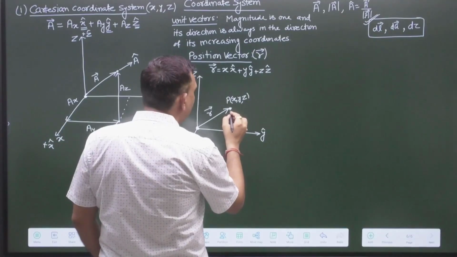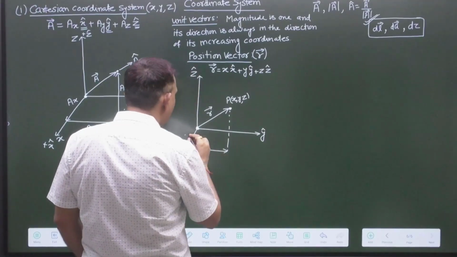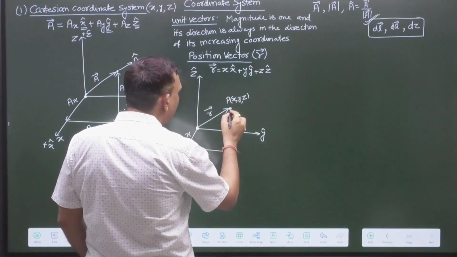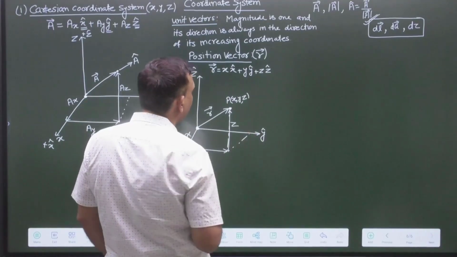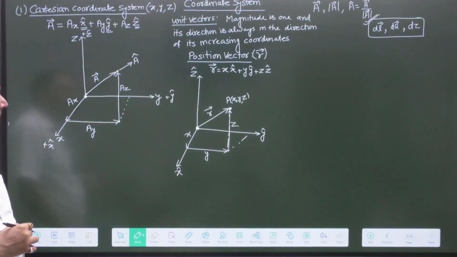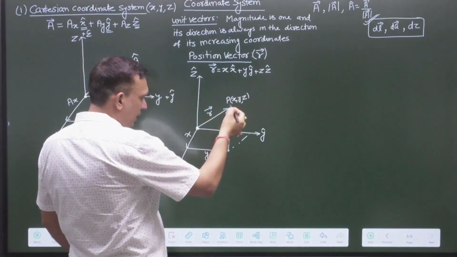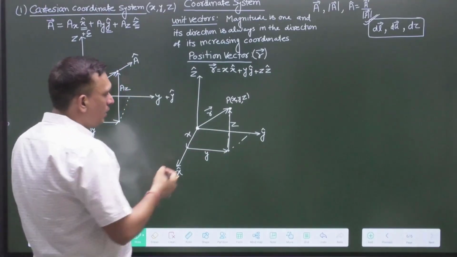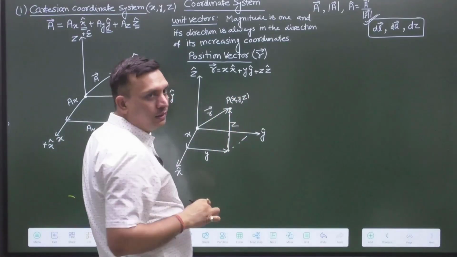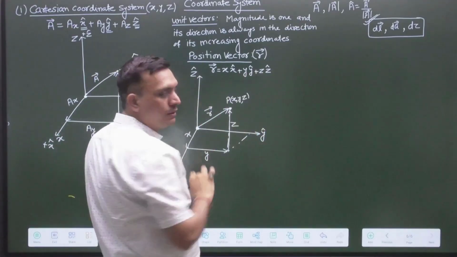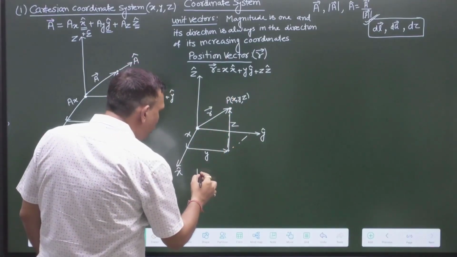And in component form, this is X, this is Y, and this will be Z. This point P, its position vector is represented by the R vector. So this component is X, this component is Y, this component is Z if its coordinates are X, Y, Z. So the R vector is given by this relation. And what will be the magnitude of R here?